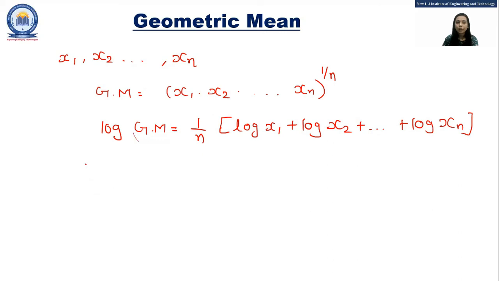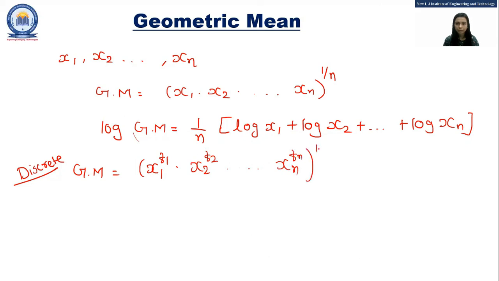Now, if you are given a discrete series, in that case the value of GM is x1 raised to f1 into x2 raised to f2 up to xn raised to fn, whole raised to 1 divided by capital N, where capital N is the sigma f.